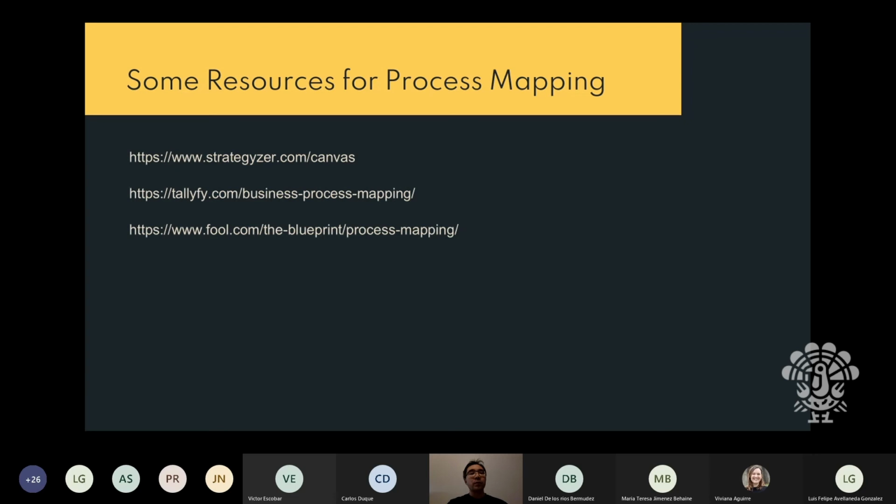If they can export to some XML-based file type that Visio can import, then you're fine, right? If it can import a format that Visio can export, then you're fine. So I think the import-export consideration is what you should take into account when you are shopping for different process mapping tools out there.